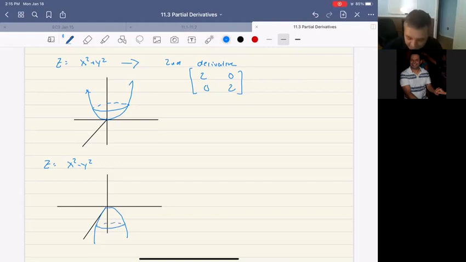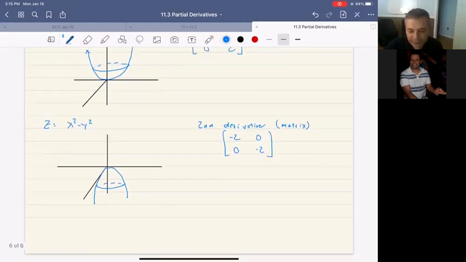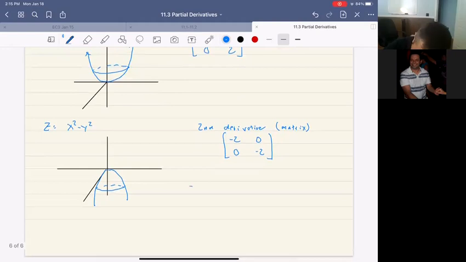And our second derivative matrix there is -2, 0, 0, -2.